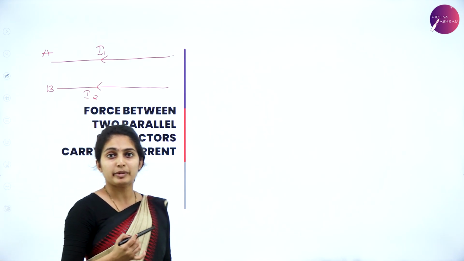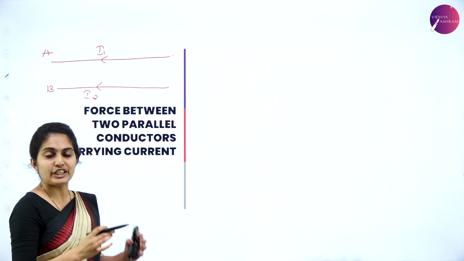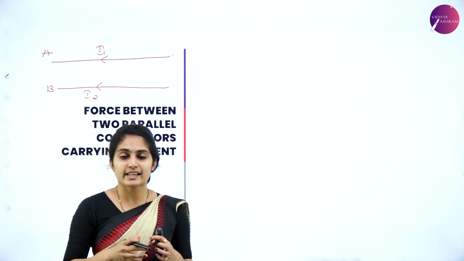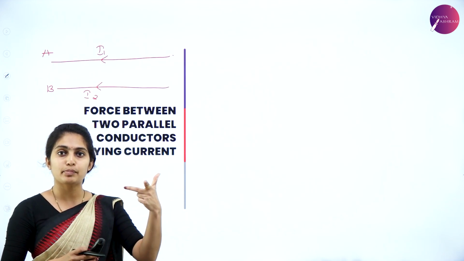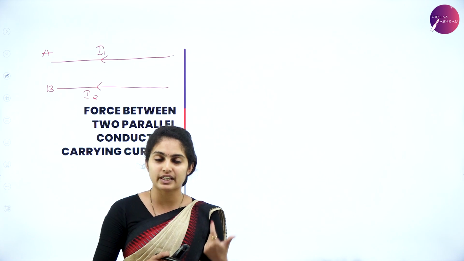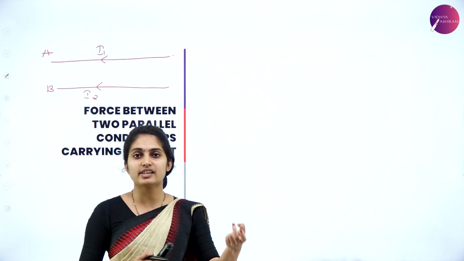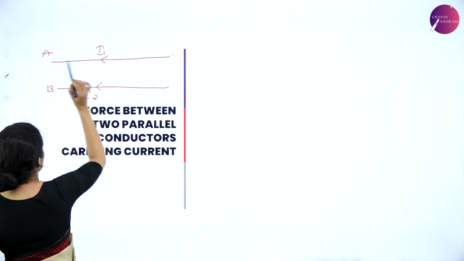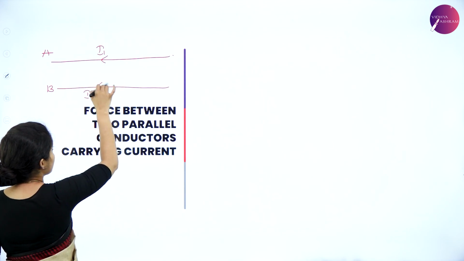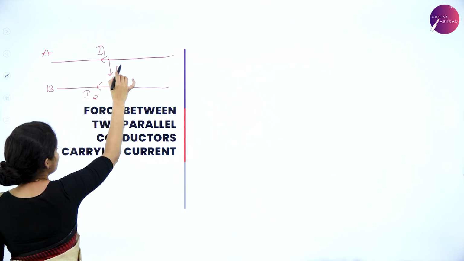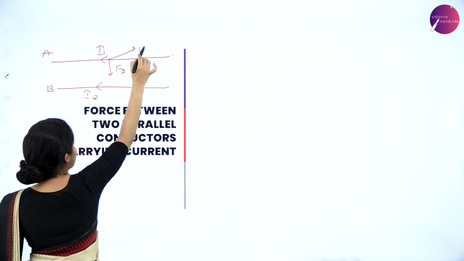So according to Fleming's left hand rule, the direction of the current, the force experienced as well as the magnetic field are all perpendicular to each other. The force experienced by this current I2 is F2, and the direction is B2.